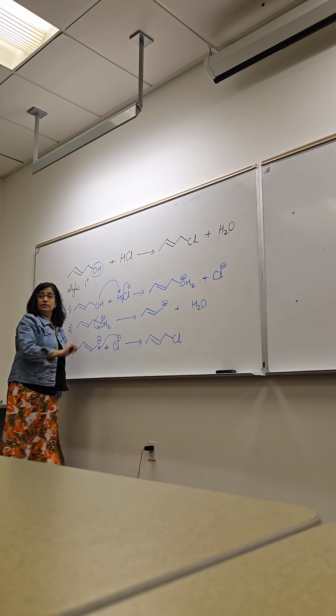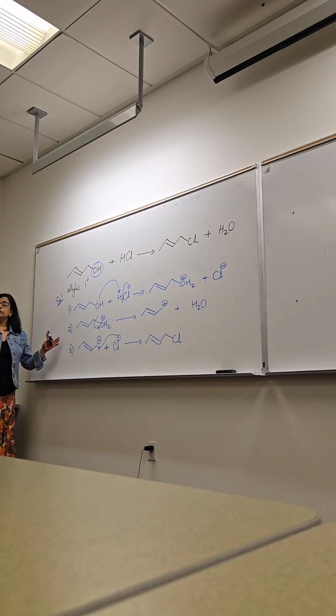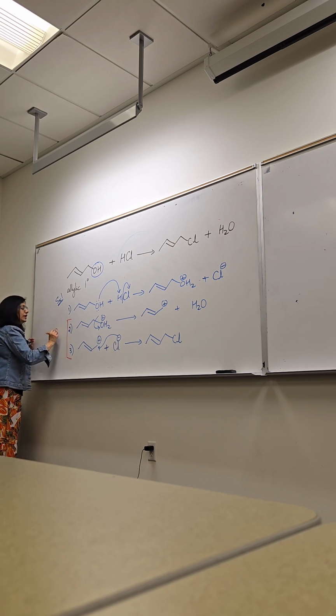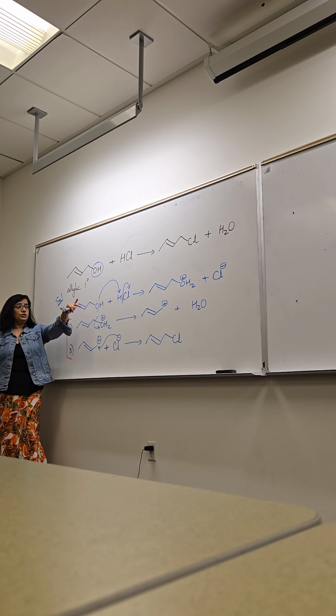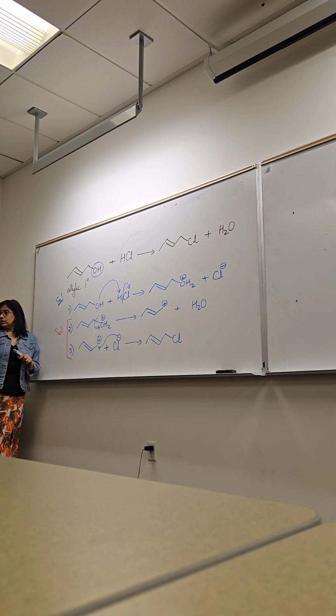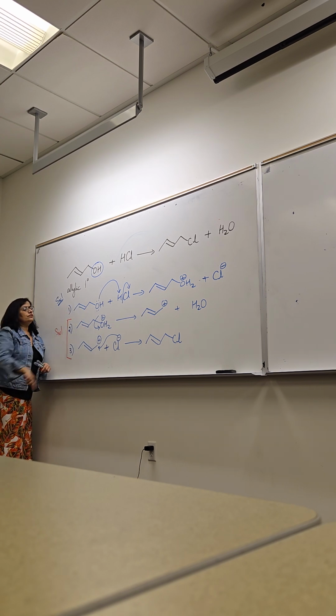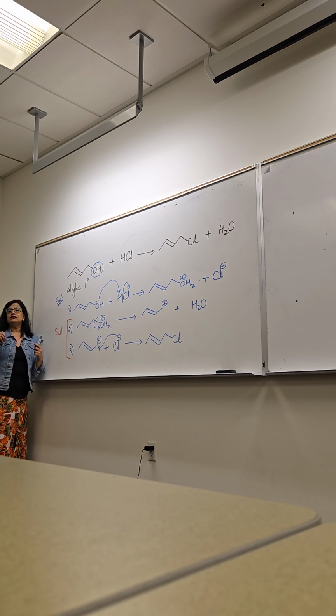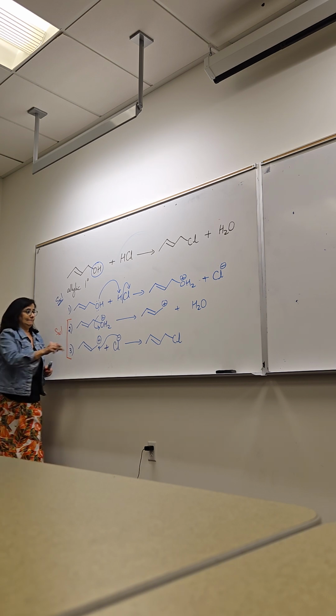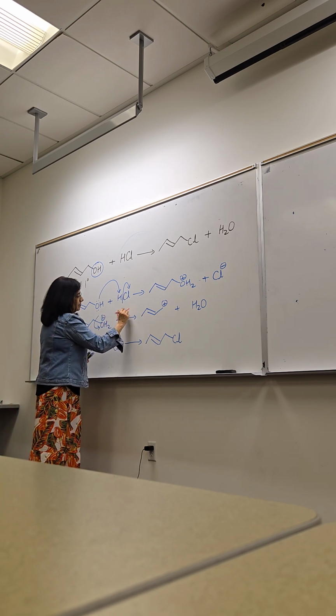Can we stop there? Can you tell me which of these three steps is the actual SN1? Steps 2 and 3. This is where the substitution is happening. The first step is only to make a bad leaving group into a good leaving group. Is everyone okay? Can you tell me which of these three steps will be the rate determining step? Step 2. Absolutely.